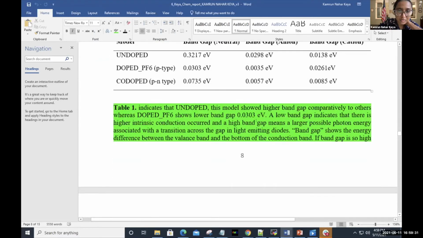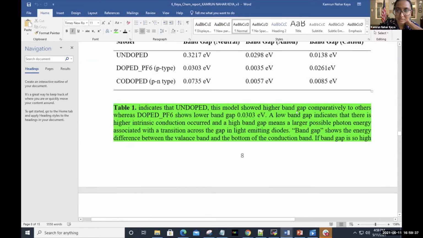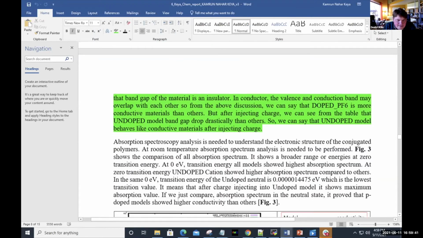So this one we explained before, like band gap, those kinds of things. And these things actually change.